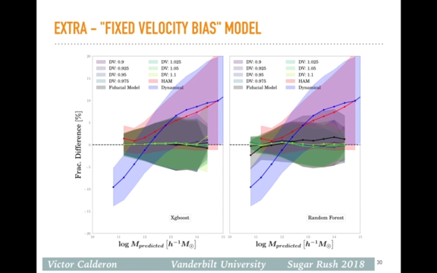Then we test it on various models that range from 90% velocity bias to 110% velocity bias. From this, you see that there is not much of a difference between the different models. They also outperform the traditional methods, and surprisingly, the difference of velocity bias doesn't really matter as much.